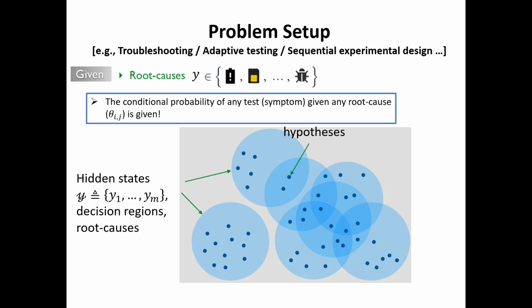And for the time being, we assume that the conditional probabilities of test outcomes given root causes are given. So we use theta ij to show this, which corresponds to the probability of xi conditioned on yj. And we assume that these probabilities are given.